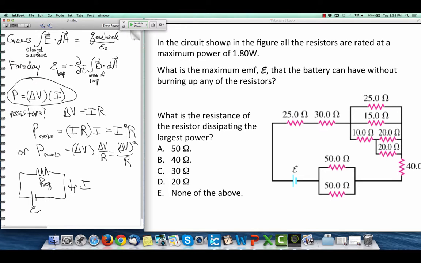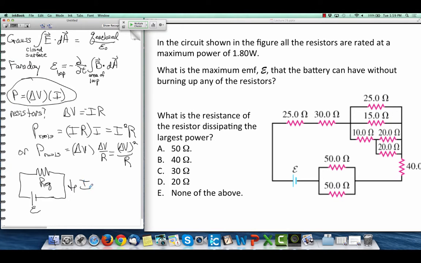So I squared through this 40 ohm resistor times the resistance of that resistor tells you the power dissipated in that resistor.